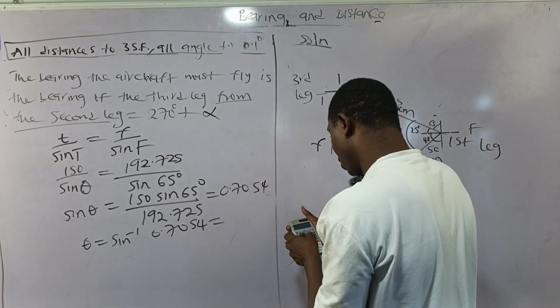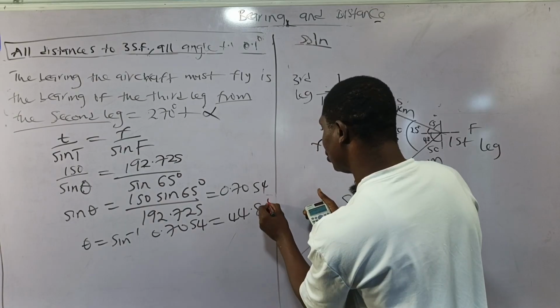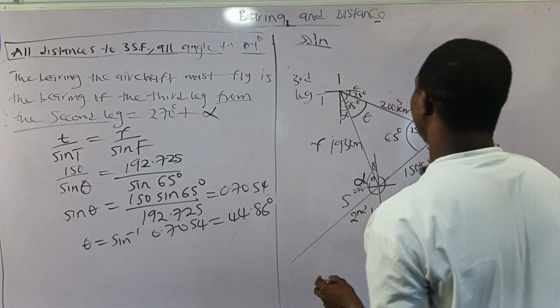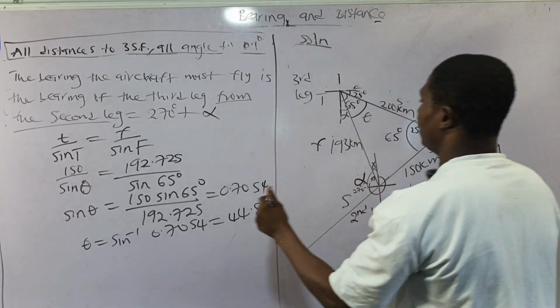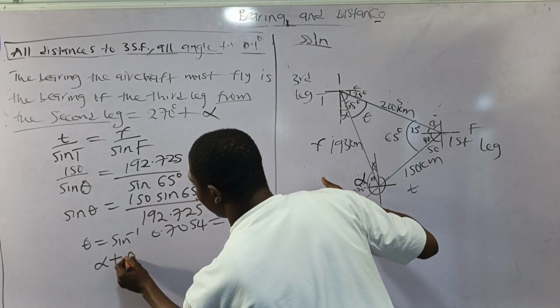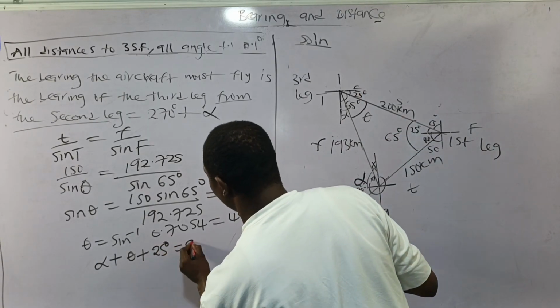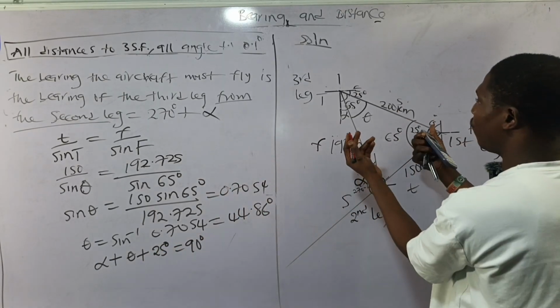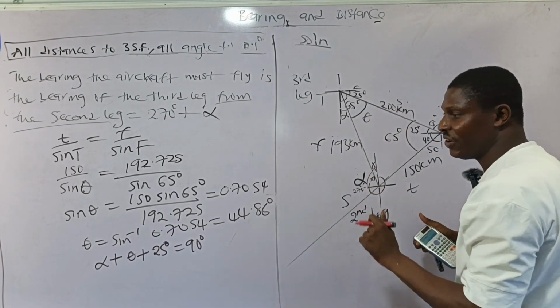So my theta will be shift sine of my answer, giving me 44.86 degrees for my theta. If that's my theta, like I said earlier, alpha plus theta plus this 25 degrees will equal 90 degrees, because they are all formed between southeast and southwest, and the angle is 90 degrees, which is the right angle.